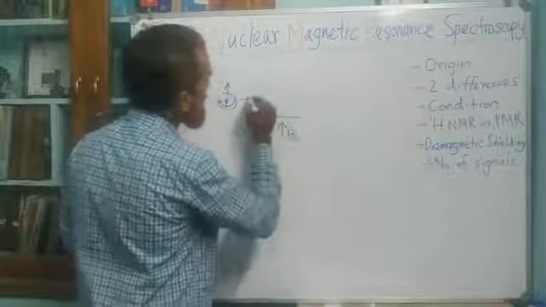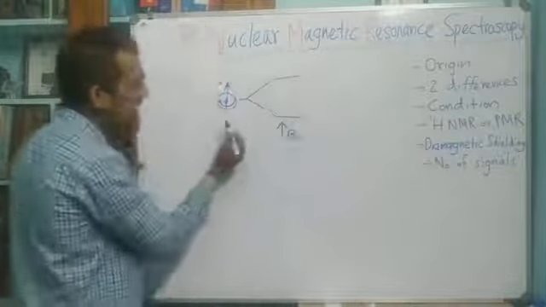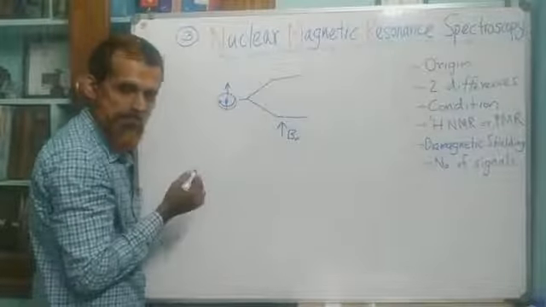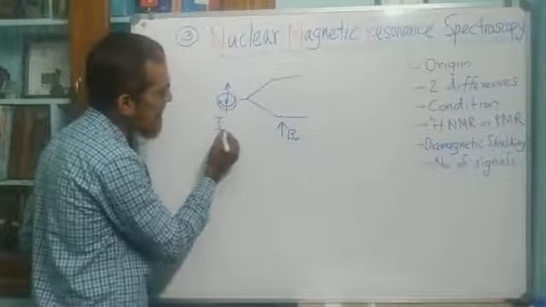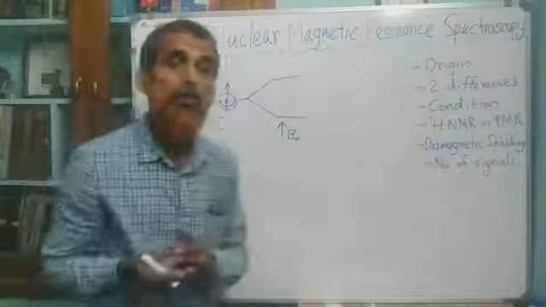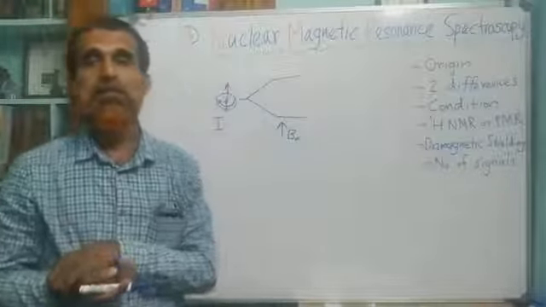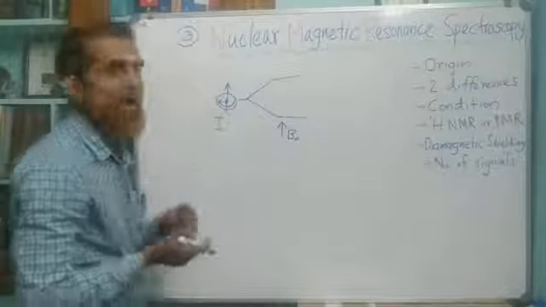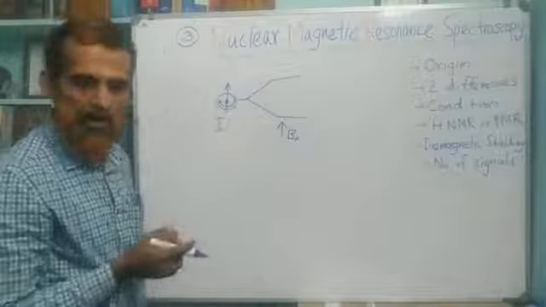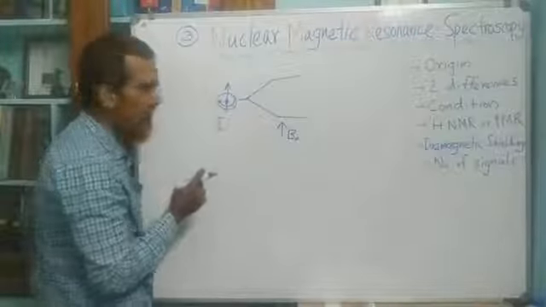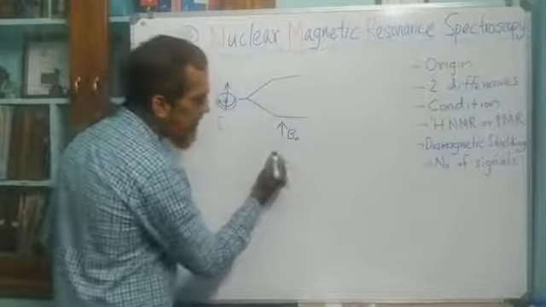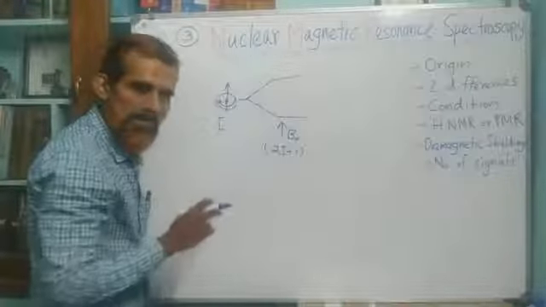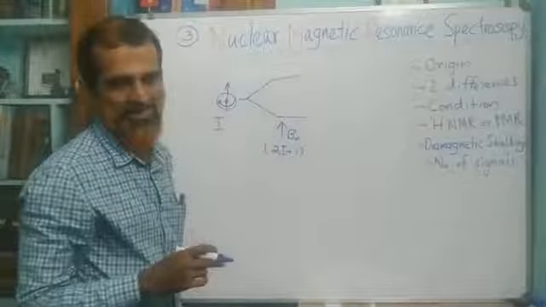sometimes 2 or 3, depending upon the magnetic spin quantum number of this nucleus, that is represented as I. Just like the electron has spin quantum number half, the nucleus also has a spin quantum number I value. So based on the value of I, there will be 2I plus 1 orientations for this magnetic moment when kept in an applied magnetic field.